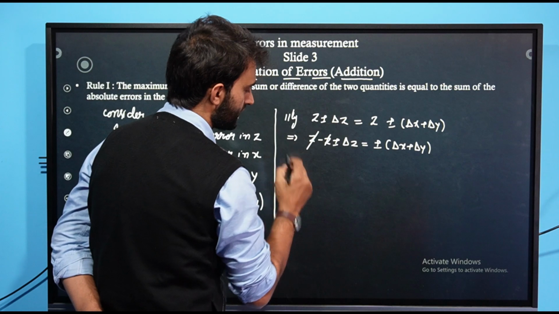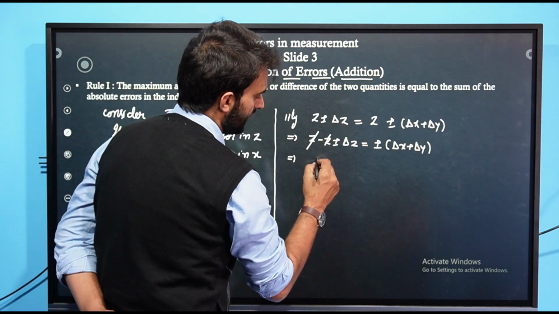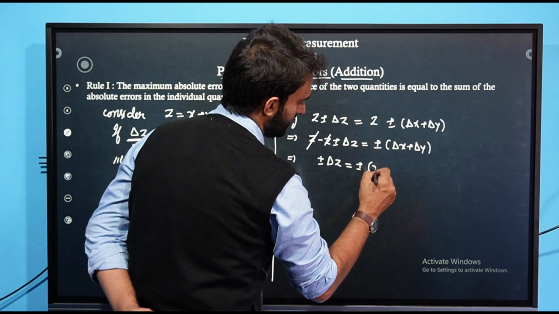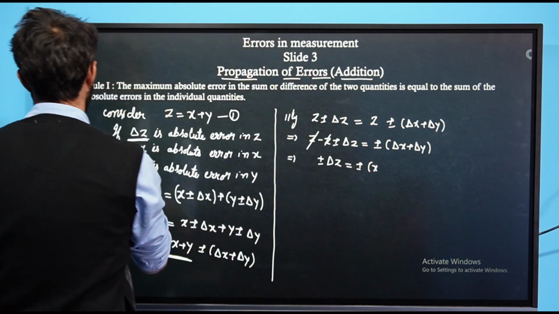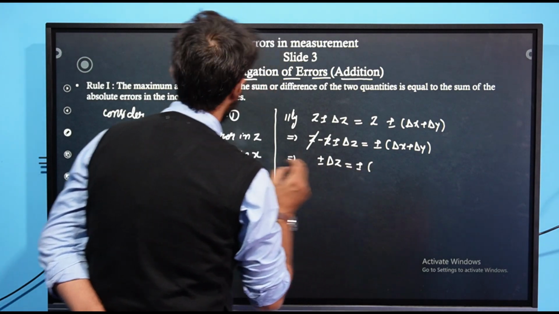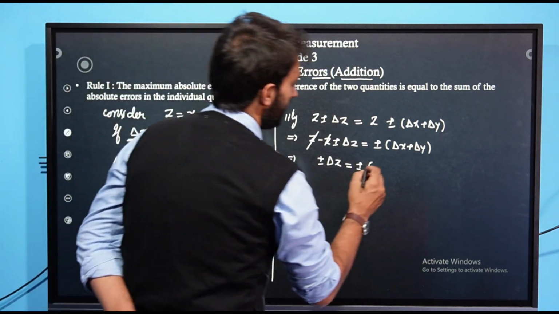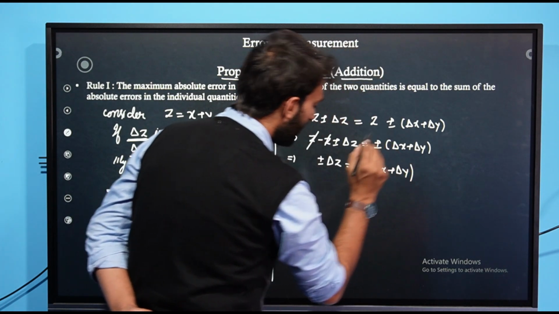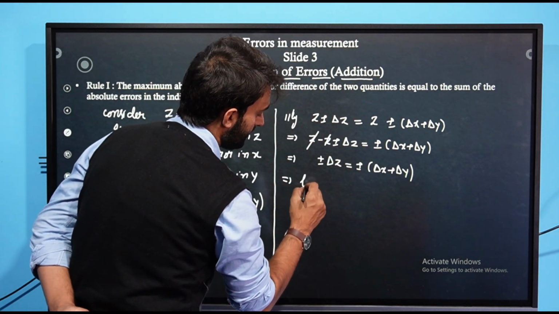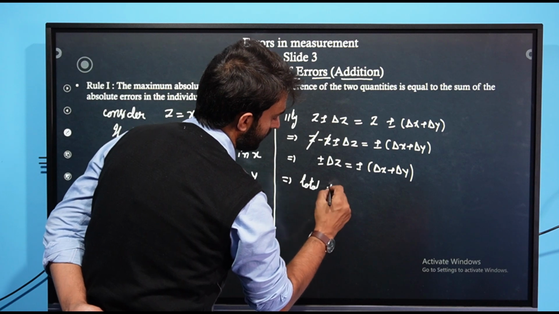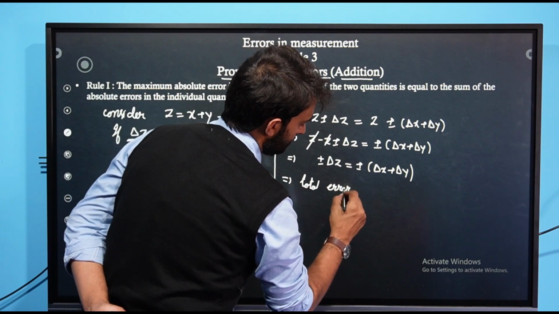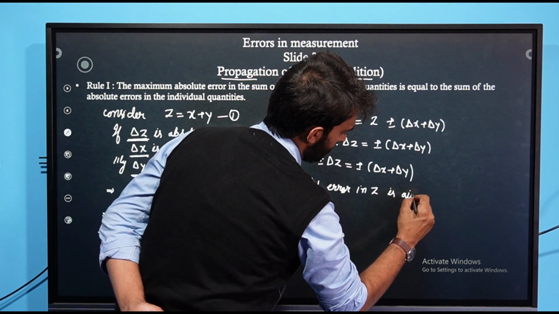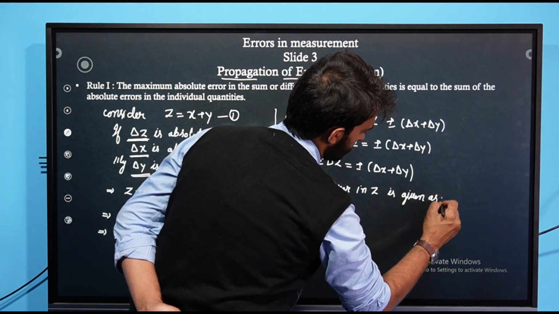So this cancels out with this, so we can say that plus minus delta z is equal to plus minus delta x plus delta y. So would that mean the total error in z is given as what?